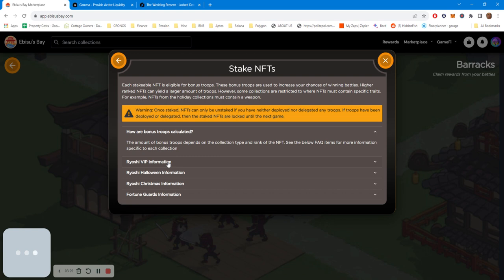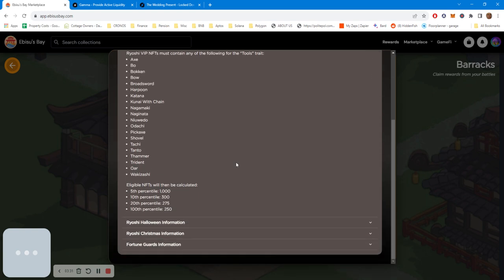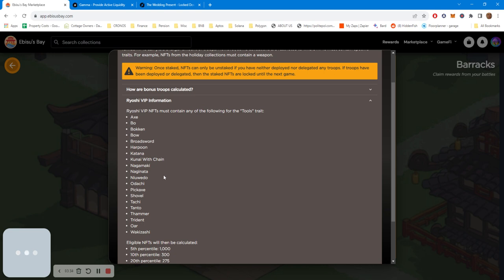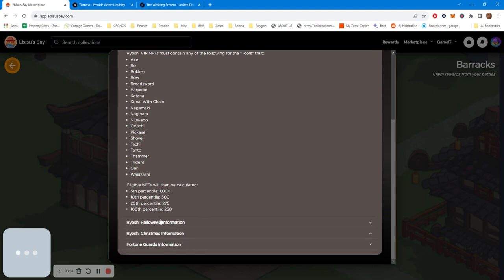But again, where I think it adds a lot of value, and I've mentioned this before, is that you can use this list here to identify which Ryoshi VIPs qualify for getting troop bonuses, and there's a list of holding the tools that they have, or looking at the tools trade. So again, that's possibly important when you're looking at purchasing a Ryoshi VIP. And also this here as well. I've got a couple of lower percentile VIPs, and they're earning 250.